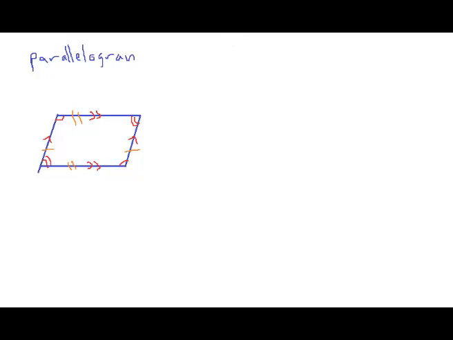And finally, the last rule regarding the parallelogram that is important to know is that if you draw diagonals across the parallelogram, they bisect each other.